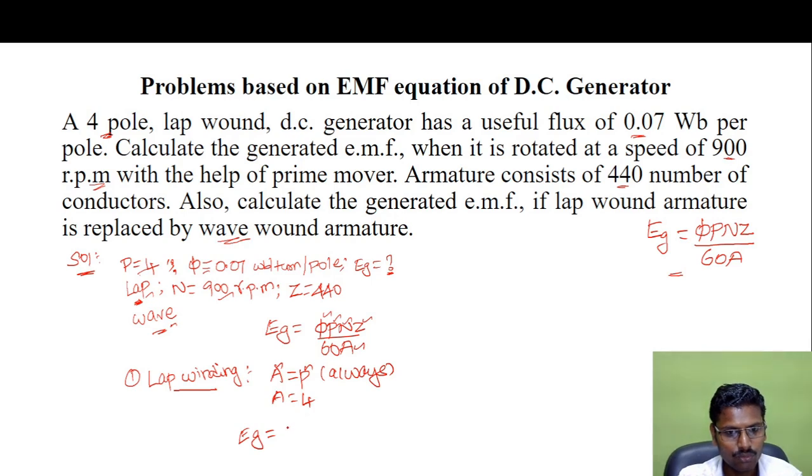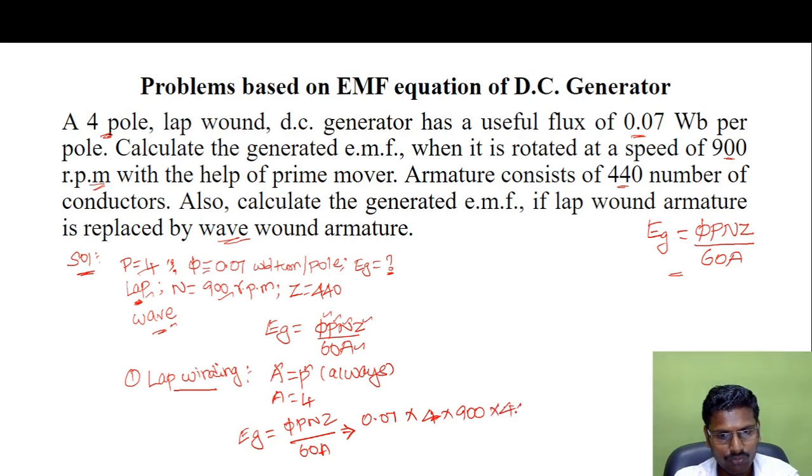EG is equal to ϕPNZ divided by 60A, replaced by values: phi is equal to 0.07, into number of poles 4, into speed 900 RPM, into Z 440, that whole divided by 60 into A, where A is 4, because in lap winding A is always equal to P, so the number of parallel paths is equal to the number of poles.